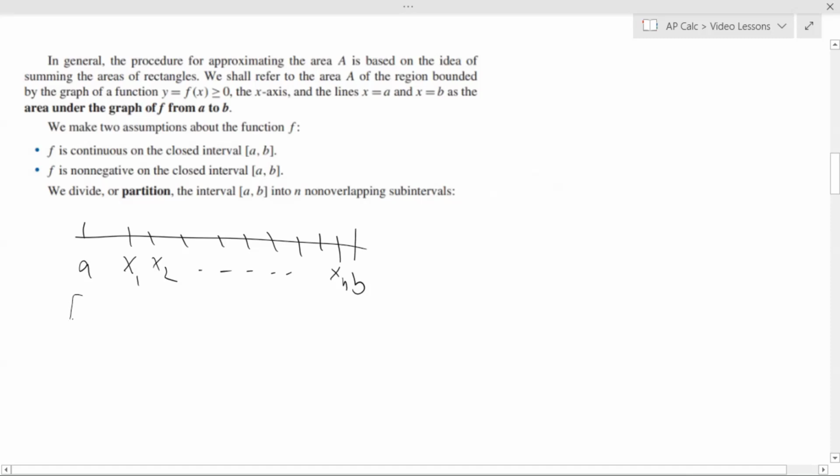The first subinterval would go from a to x1. The next interval would go from x1 to x2, and so forth. And then the last one would be xn to b. And if they each have the same width, we'll call that delta x.